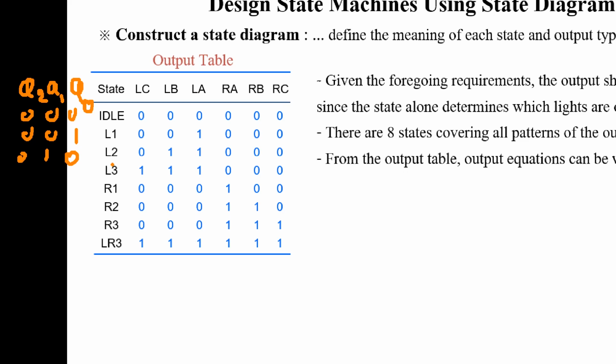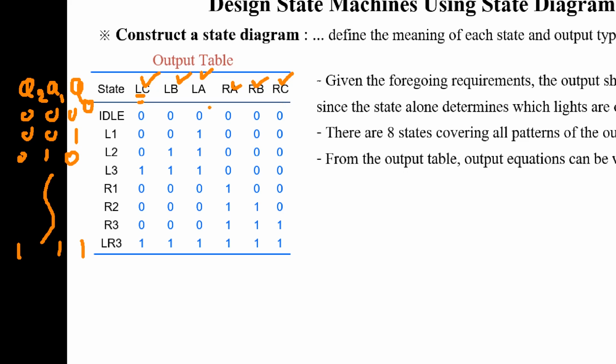So you can write an output equation for each output. Because there are 1, 2, 3, 4, 5, 6 outputs, you must write 6 output equations.